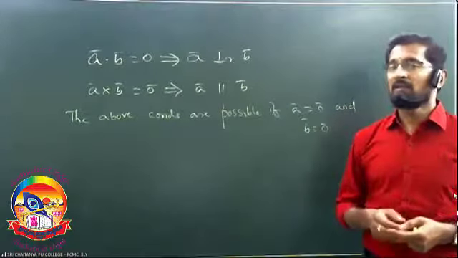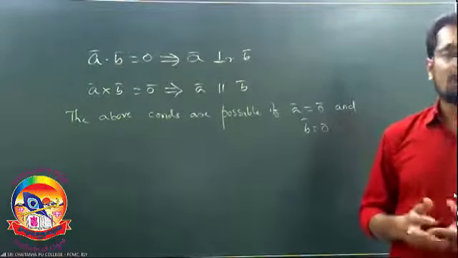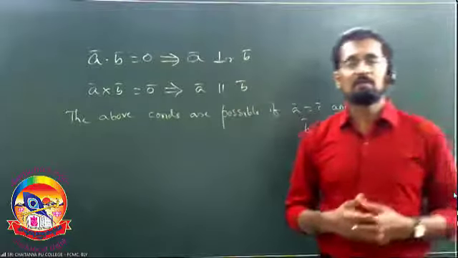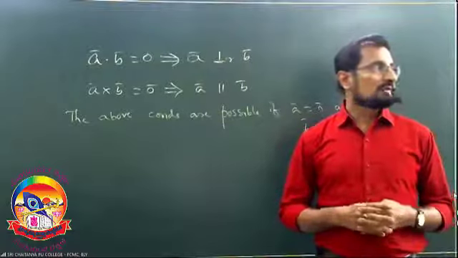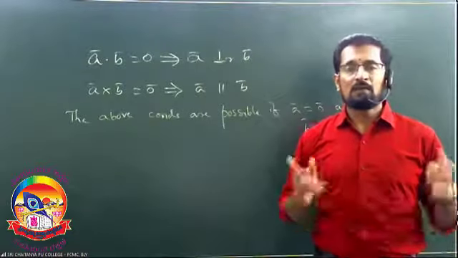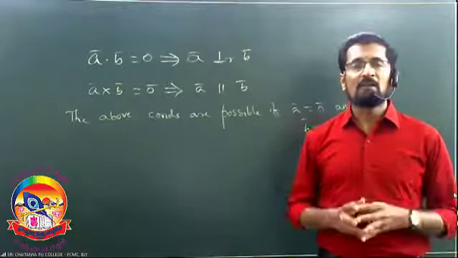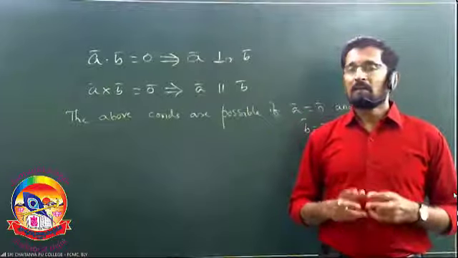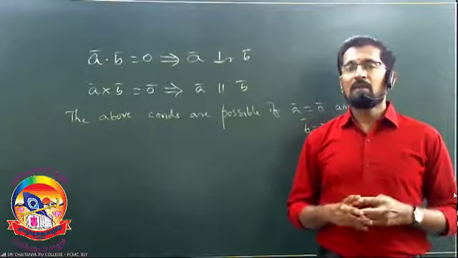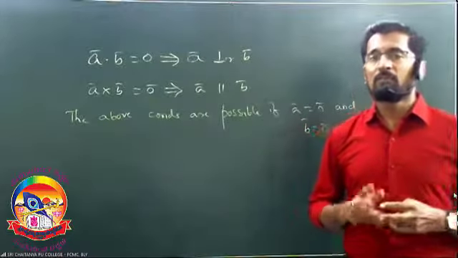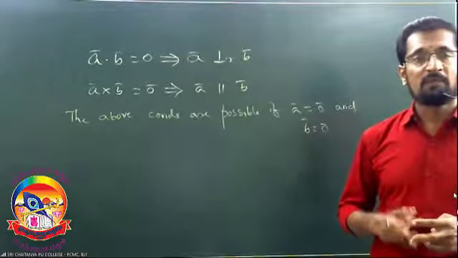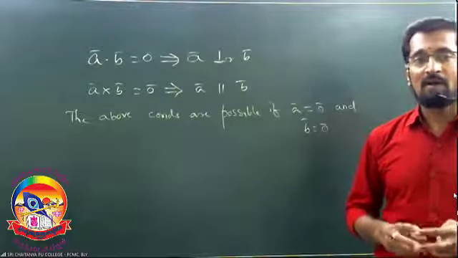Therefore, sin theta is equal to 0, which means A bar and B bar are parallel to each other. In only one problem, you can't say those two are perpendicular to each other and even parallel to each other. That means A bar dot B bar is equal to 0 and A bar cross B bar is equal to 0. Both are satisfied if and only if A bar and B bar are null vectors.